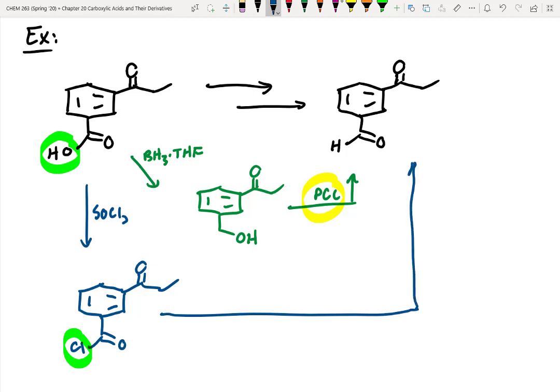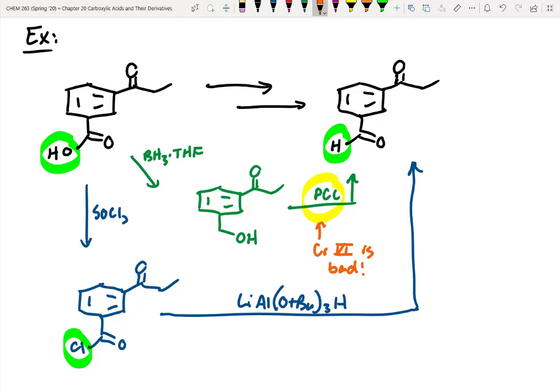And then if we wanted to convert this to an aldehyde, what we could do is treat this with our special new reagent. That's the lithium tri-tert-butoxy aluminum hydride. So LiAlO-tBu3H. And this avoids the use of the chromium-6 reagent. So this avoids a lot of the environmental and health concerns associated with that reagent.